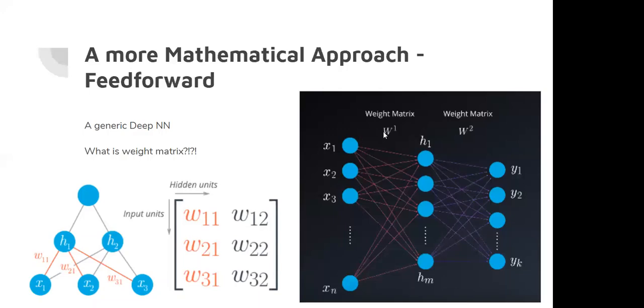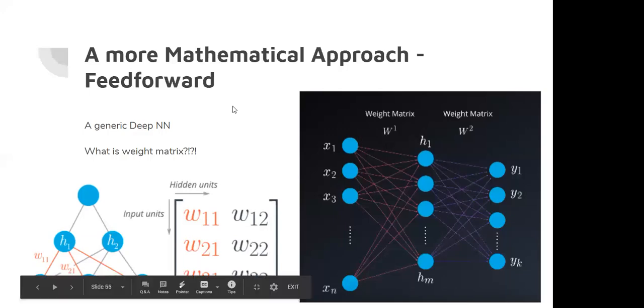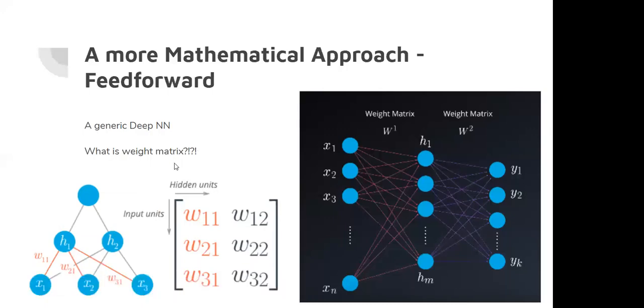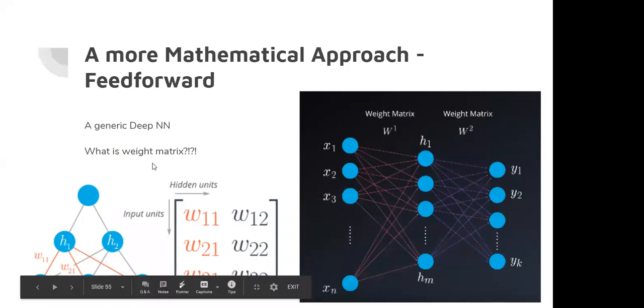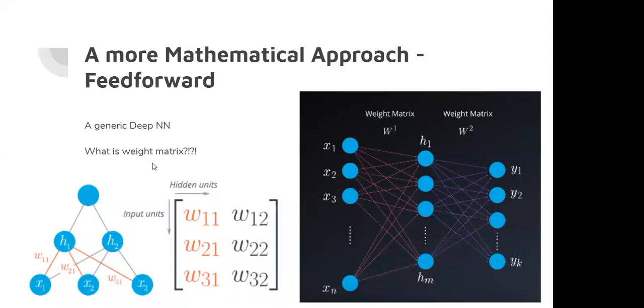So for W1, this is specific for W1, all the weights which are leaving the input nodes are aligned as rows, and all the hidden units where these weights are ending are aligned as columns. Let me say it again.